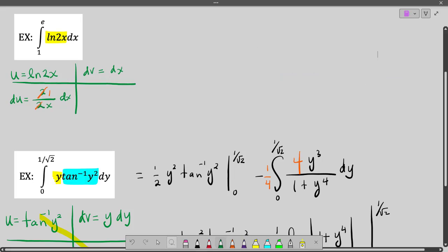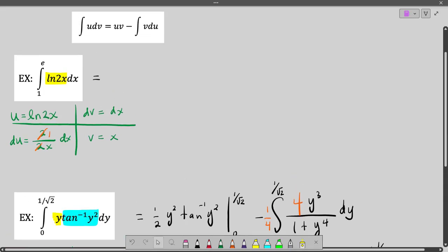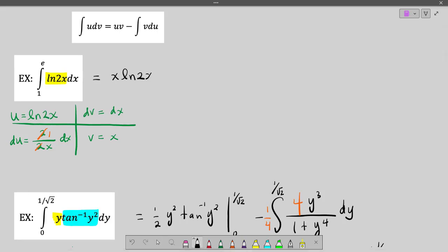And then the antiderivative over here is simple enough. Then we can move to the integration by parts formula, the ultraviolet voodoo, UV. Ultraviolet's the main diagonal here, so that's going to be x natural log of 2x. Because this is a definite integral, we should be putting an evaluation symbol here.